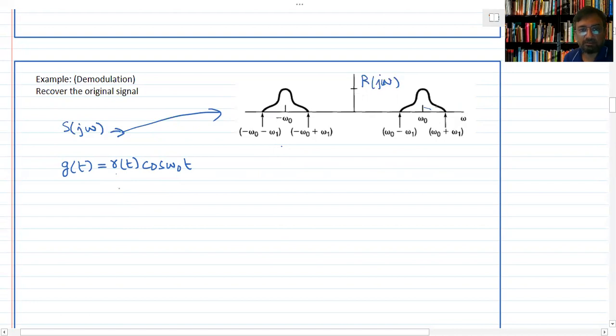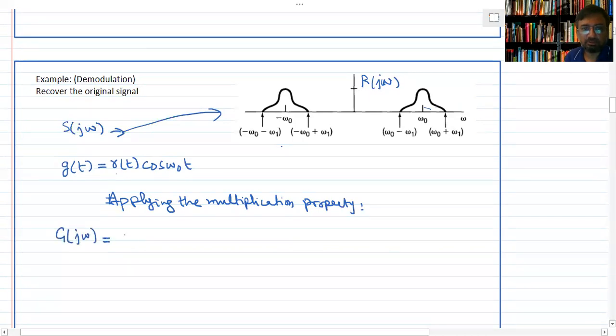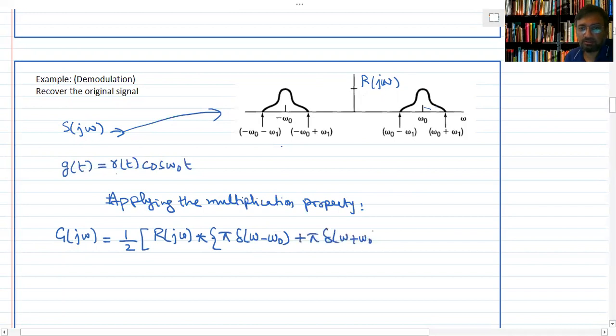So to demodulate the signal, we multiply in time domain the inverse Fourier transform of this signal with cos omega naught t, and applying the multiplication property, we would get Gj omega equals 1/2 Rj omega convolved with the Fourier transform of cos omega naught t, which are two impulses, pi times delta omega minus omega naught plus pi times delta omega plus omega naught.